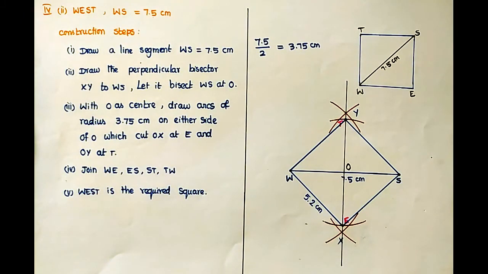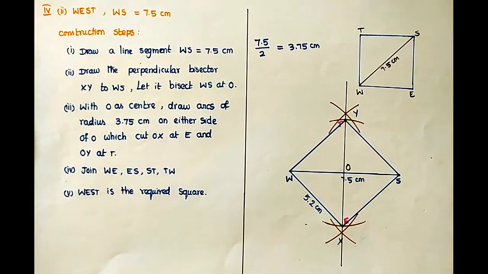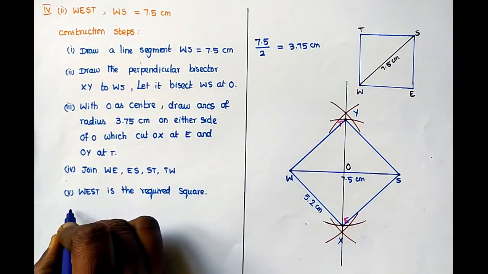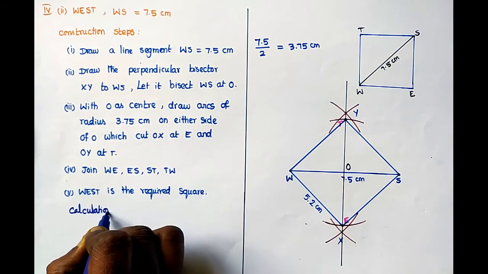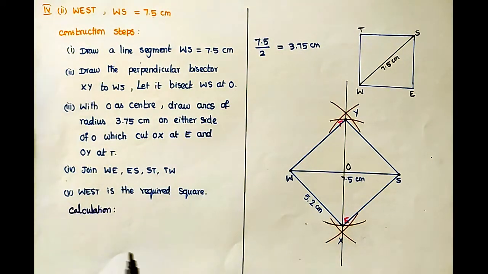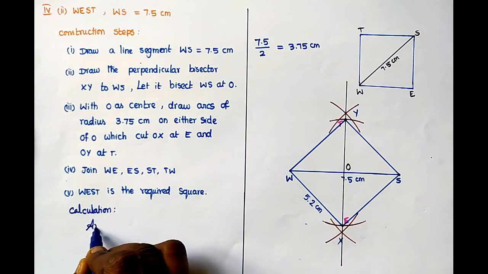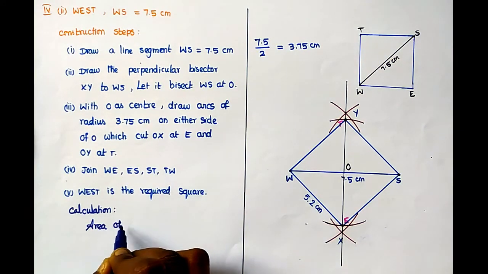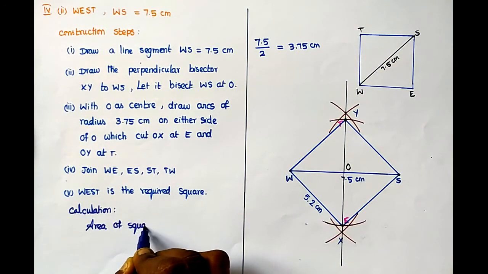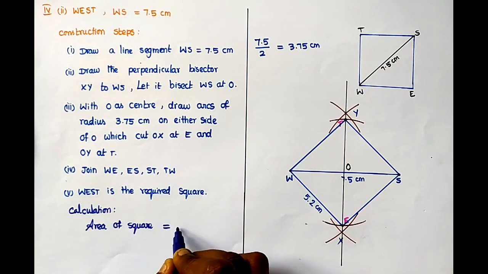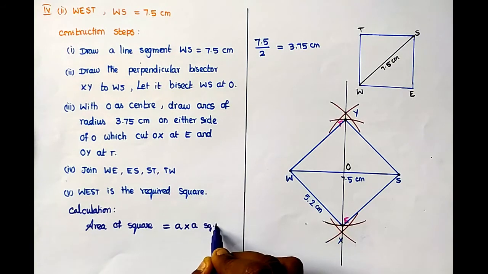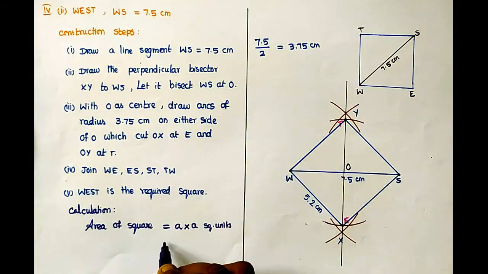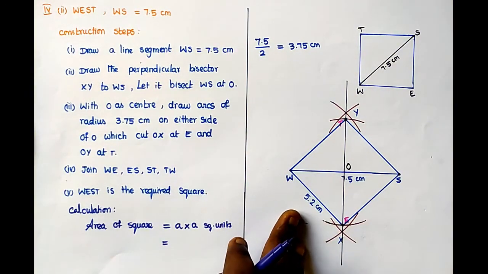We know that. Now, the calculation. Area of square. What is the area of square? A into A square units. What is A here? 5.2.